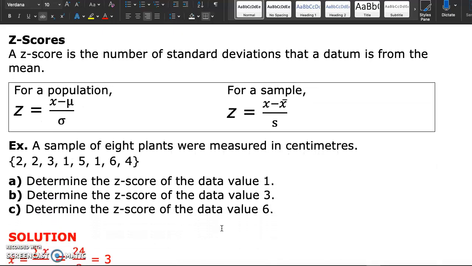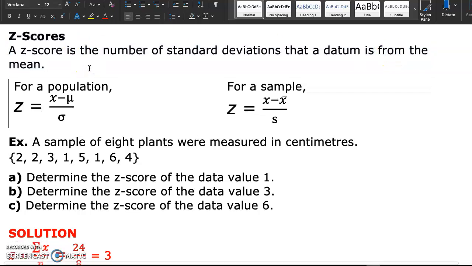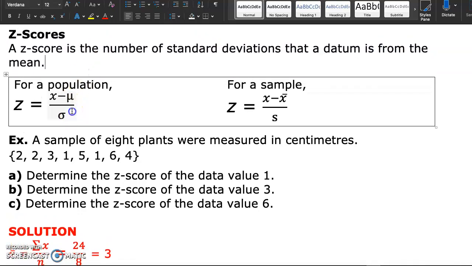Next concept, z-scores. This is a measure of spread as well. It's talking about the dispersion. A z-score is the number of standard deviations that a datum is from the mean. If you look at this formula, we have a separate formula for the population and for a sample. Let's focus on the following first.